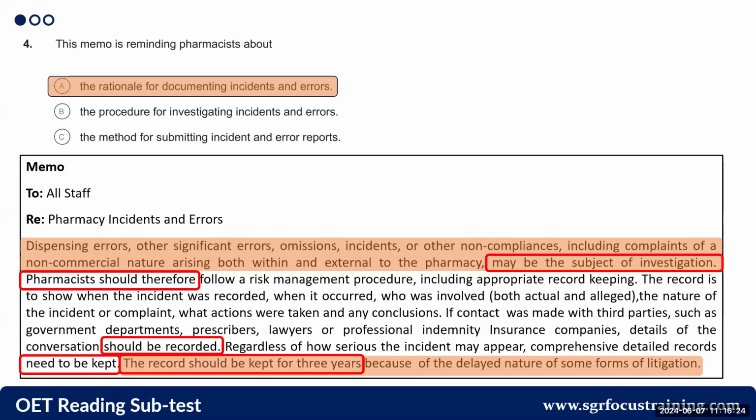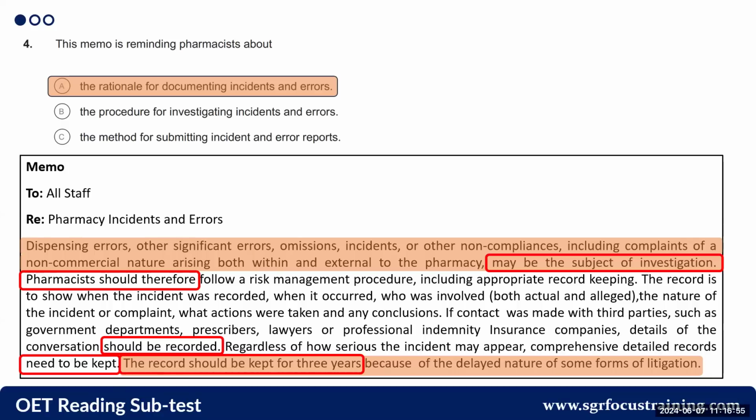What you will remember is that although there is information about what to record should these incidents or errors happen, there's no mention of the procedure of what to do to investigate these types of incidents and errors. And therefore, B is not correct. There's no evidence in the text that we are able to find procedures for investigating.